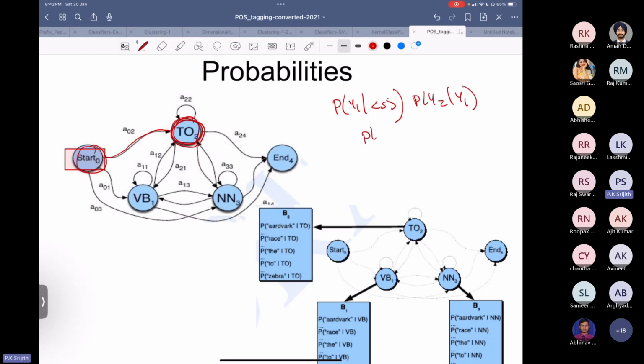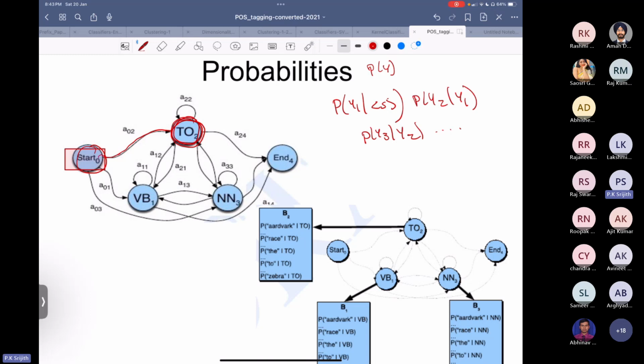And then you get P of y3 conditioned on y2, etc. So the sequence in which you are trying to model your P of y is often represented as transitioning from one state to another. Each state corresponds to the label that is associated with some word, right?